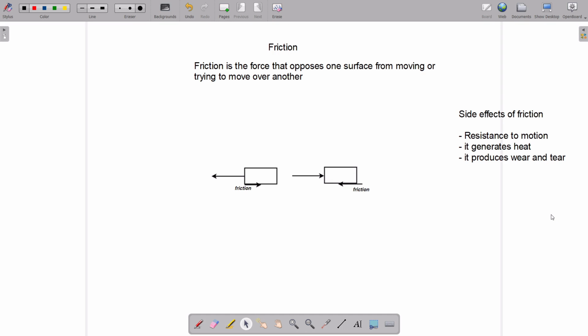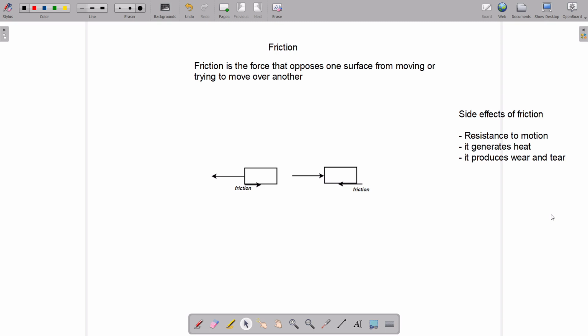You may be wondering, but I just mentioned that friction helps us to walk. Yes, that is true. But in a number of ways, friction prevents motion of objects. For example, if an object is at rest and we want to start moving it, there is usually friction that prevents us from doing that.